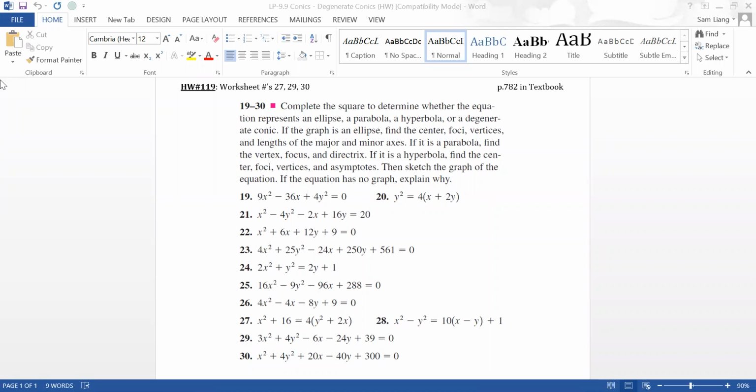All right, if you just came in, we're working on homework 119 here, and we'll reconvene at 11:20. So just try to finish at least 27 on your own, and then we'll go through the solutions.